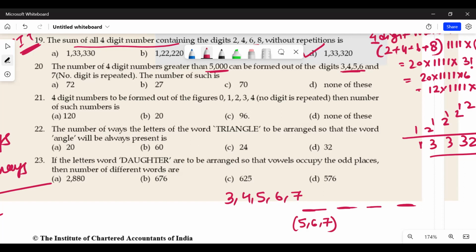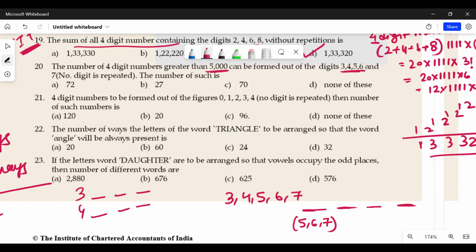Can you understand this? Because if 3 or 4 comes first, the number becomes less than 5,000, right?